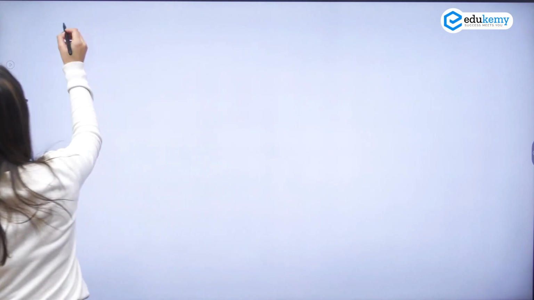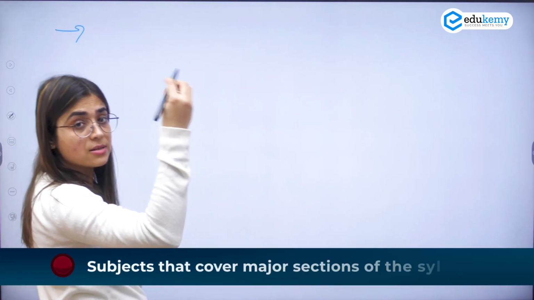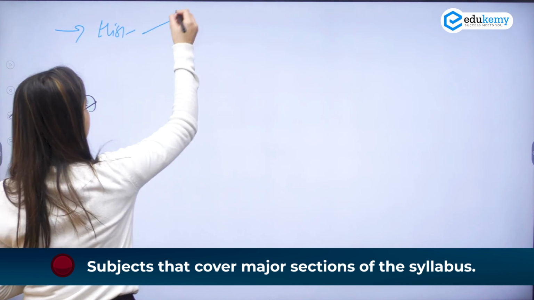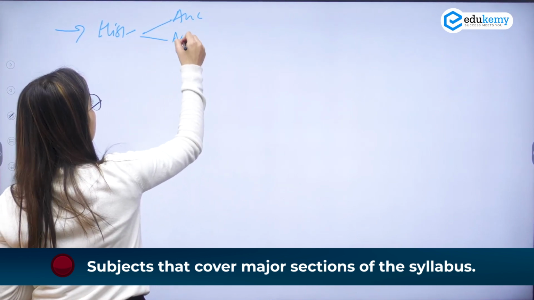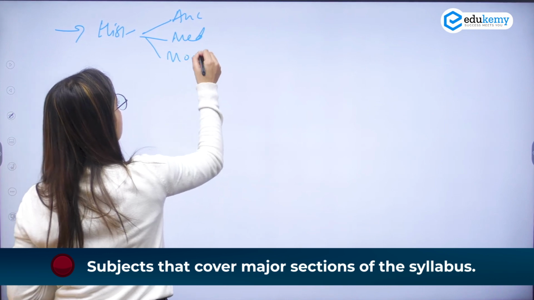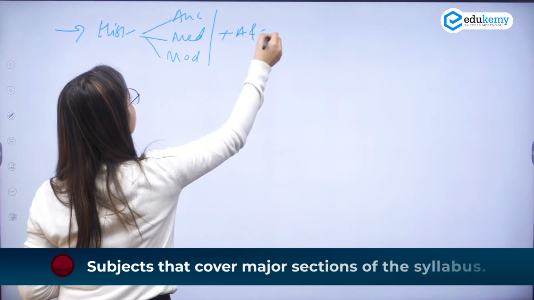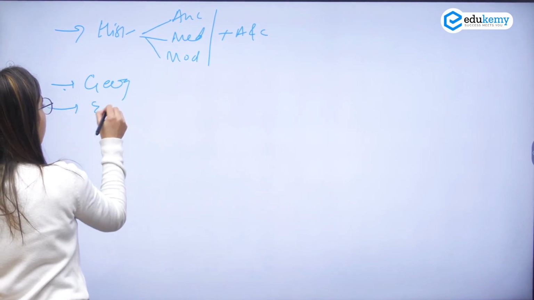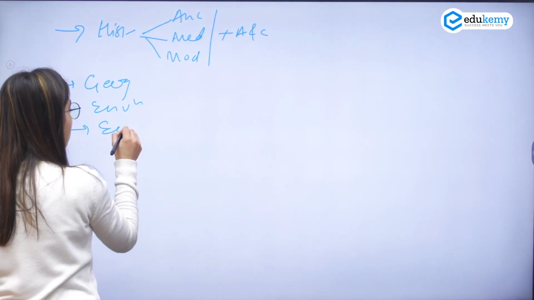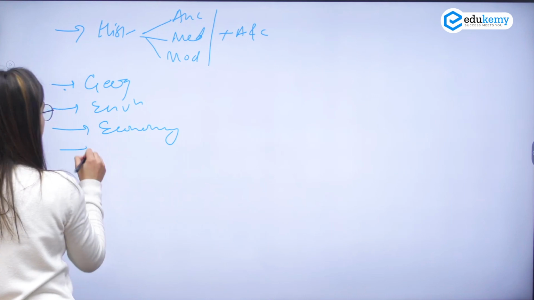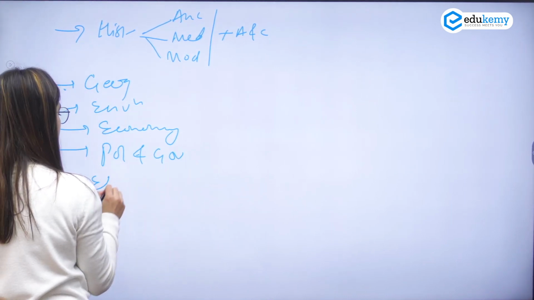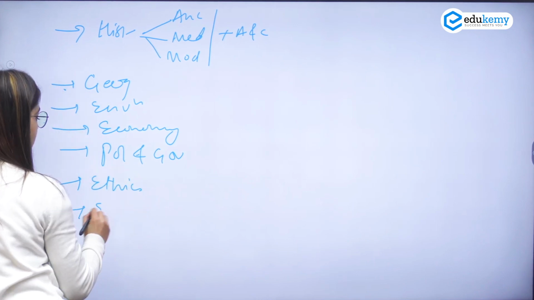The following are the subjects which cover the major section of the syllabus: history, which you can divide further into ancient, medieval, modern, plus art and culture, geography, environment, economy, polity and governance, ethics, and science and technology.